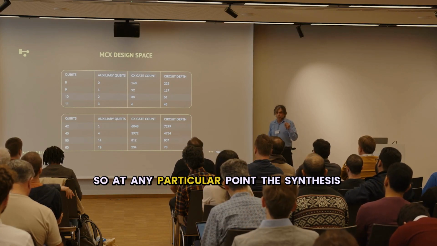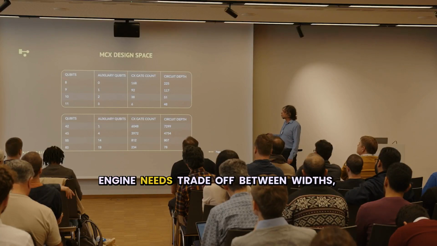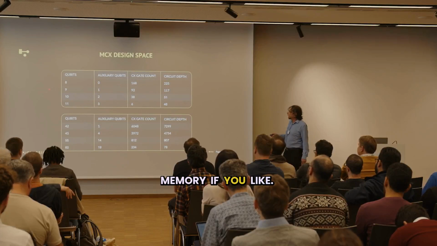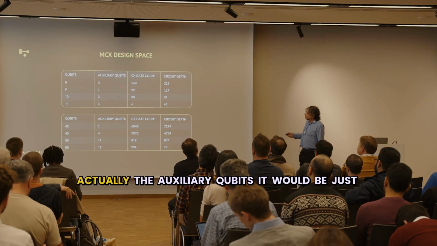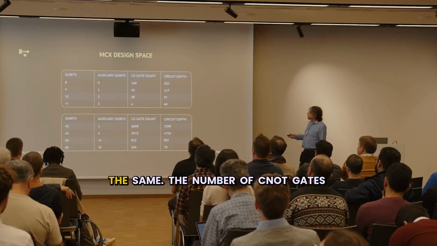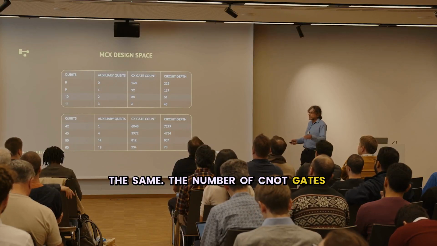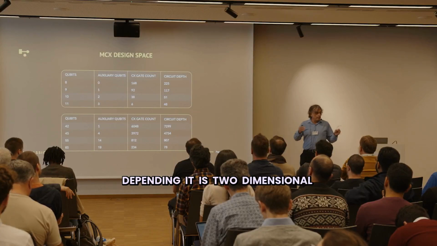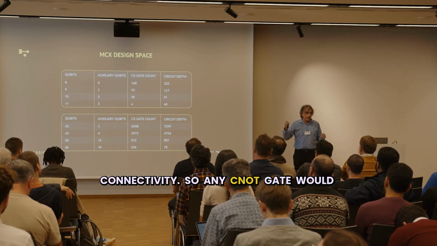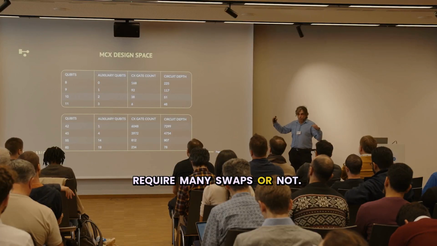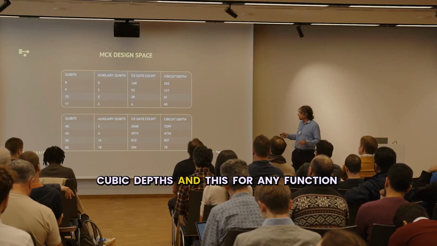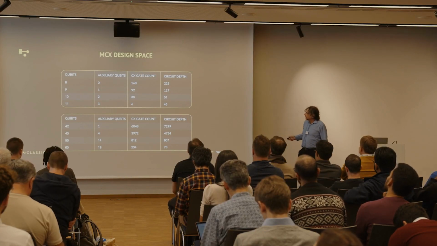So at any particular point, the synthesis engine needs to trade off between widths, the number of available qubits, memory if you like. Actually the auxiliary qubits, it would be just the same. The number of CNOT gates, depending on whether the gates are noisy, depending on whether it is 2-dimensional connectivity, so any CNOT gate would require many swaps or not. So the number of CNOT gates, the qubit depths, and this for any function.